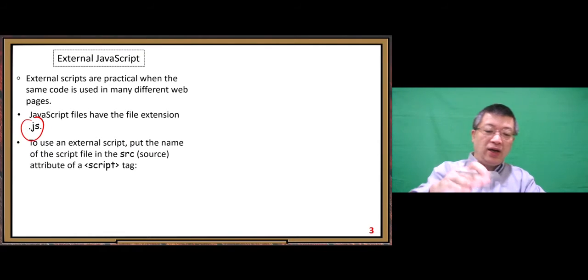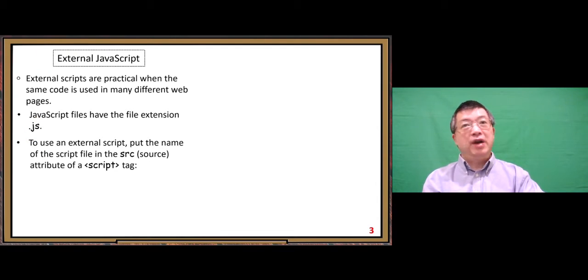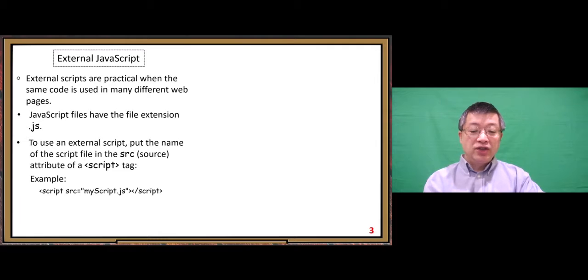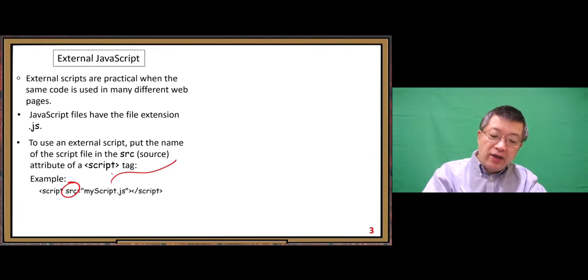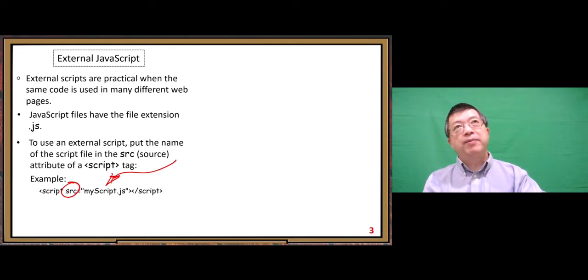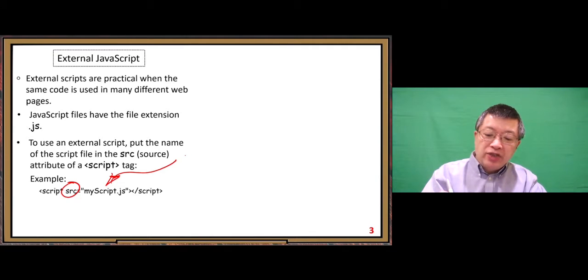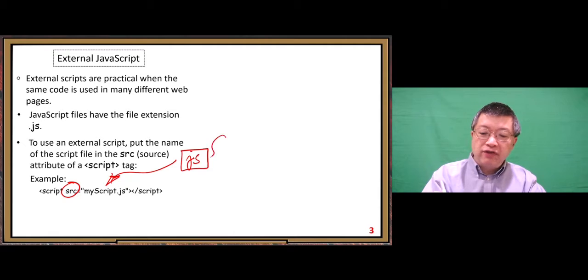How to use an external script? Very simple. We still use the script tag, but we use the src attribute, then you provide the external file name. Sometimes people want to put JavaScript in a JS folder, and in the JS folder you may have multiple JavaScript files.